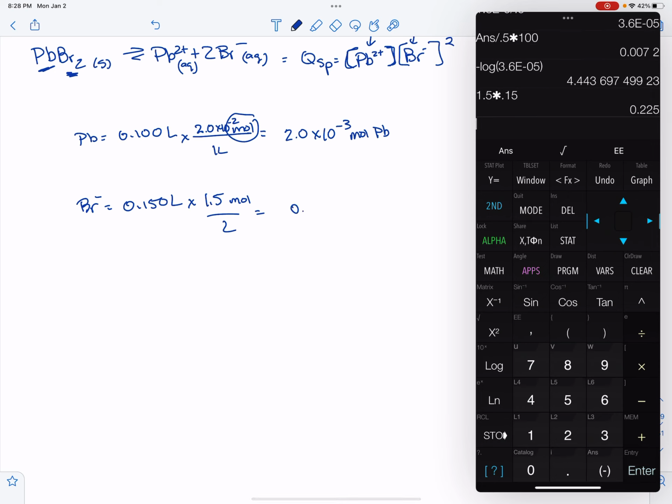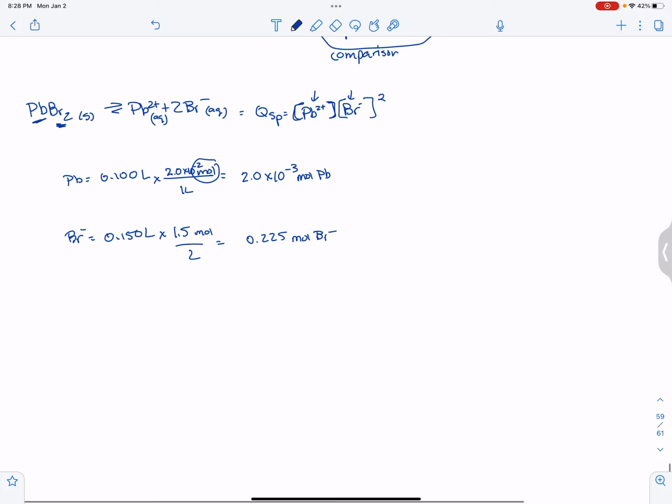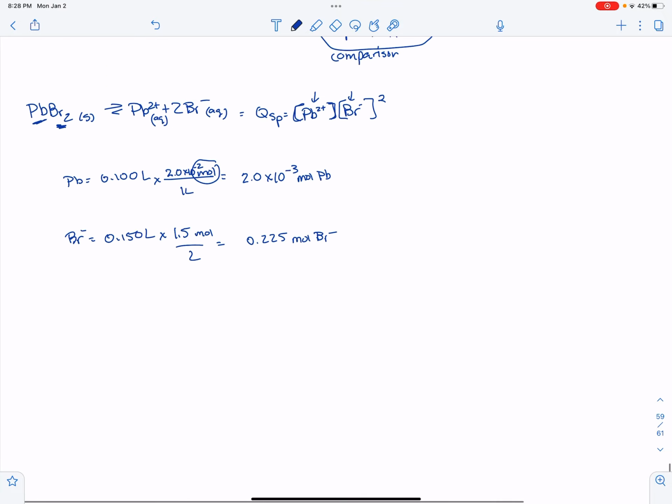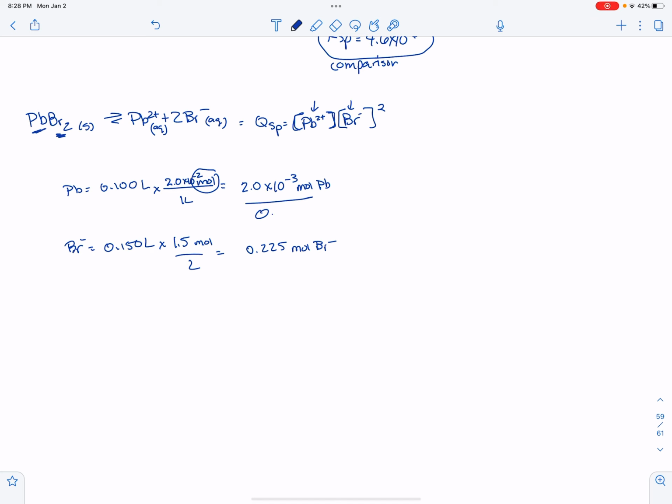There we go, 0.225 moles of Br. Now, all we have to do is figure out the new total volume. So look, I'm taking this volume and this volume. So 100 and 150 gives me 250 milliliters, which is the same thing as 0.250 liters. That's my new volume. So this number divided by 0.250 liters, this number divided by 0.250 liters will give me my new molarity.